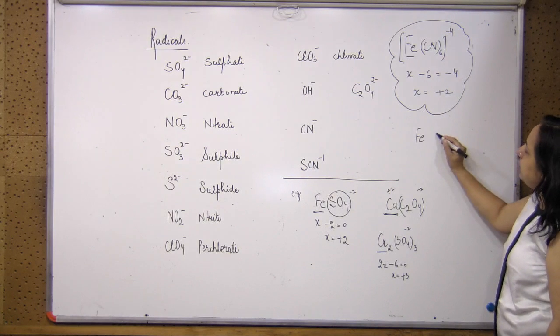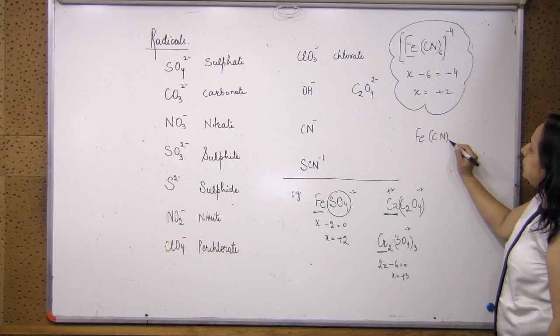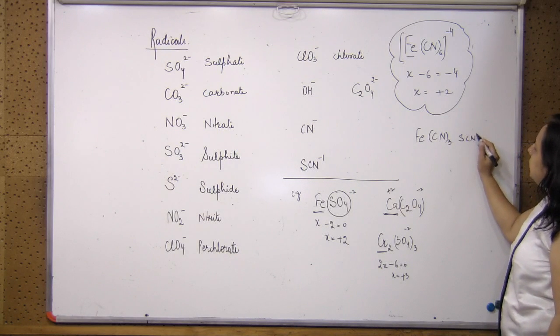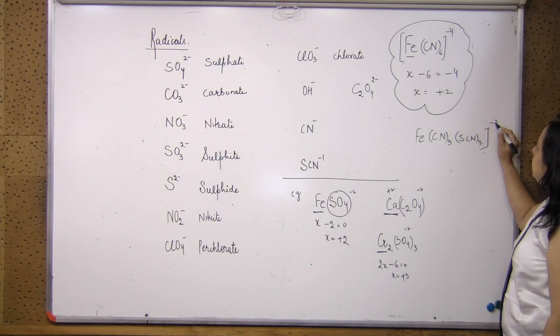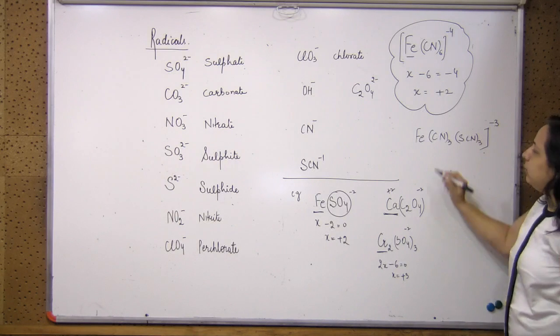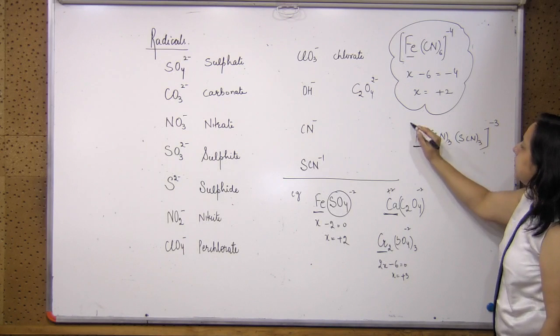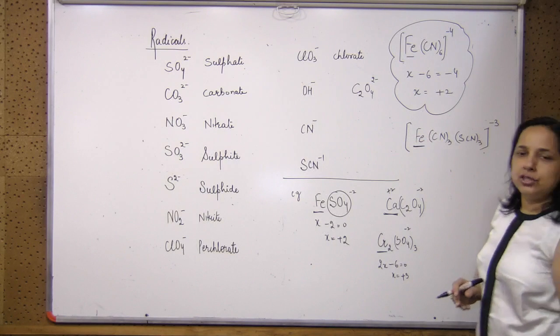If it is Fe(CN)3(SCN)3, and it is 3 negative, calculate the oxidation state of iron. Can you calculate the oxidation state of iron?